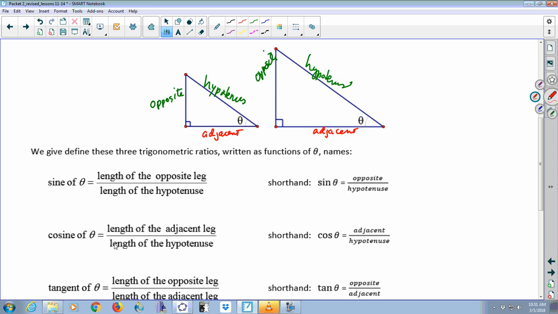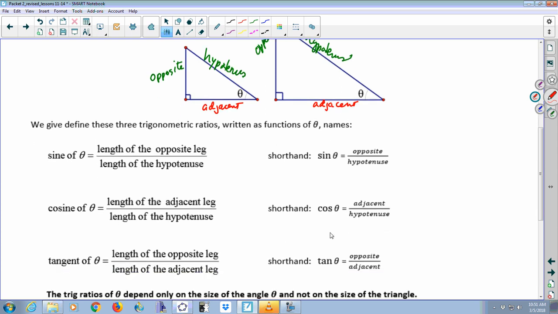That's your second trig function. Again, shorthand cos, theta. And then finally, the tangent of theta is the opposite side divided by the adjacent side. It's the ratio of your opposite leg divided by your adjacent leg. Again, the shorthand for tangent is tan, theta, opposite over adjacent.